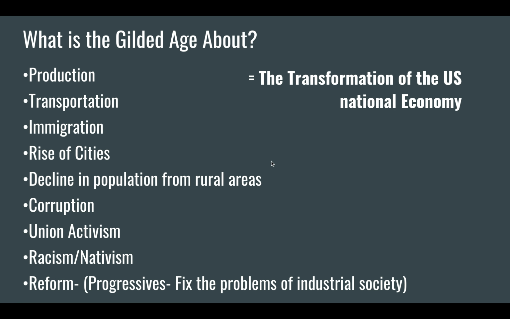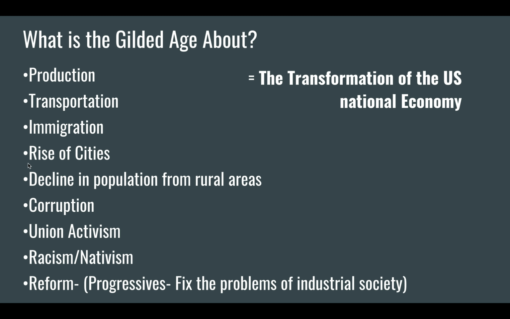So the big thing that you're going to be looking at, and you're going to be looking at two chapters in this module, is production and how production changed, and transportation. Beyond just railroads, there's all kinds of new transportation in the Gilded Age as well. Huge increases in immigration, and that leads to huge increases in nativism.